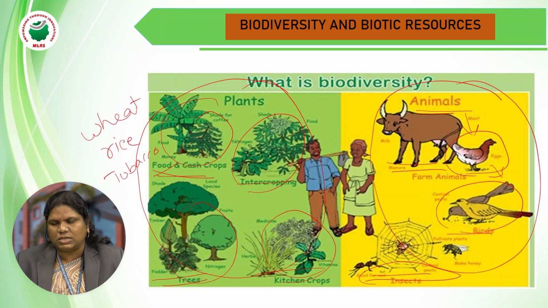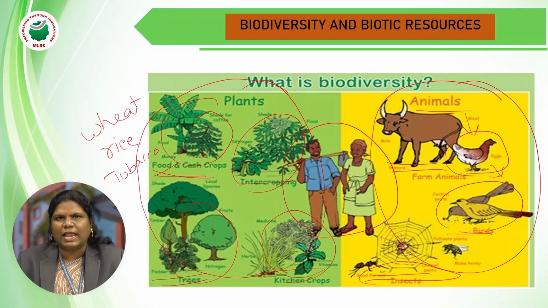Coming to human beings, they are sustained in biodiversity by using plants and animals. Human beings correlate with plants and animals. For example, human beings take food from plants and also from animals.